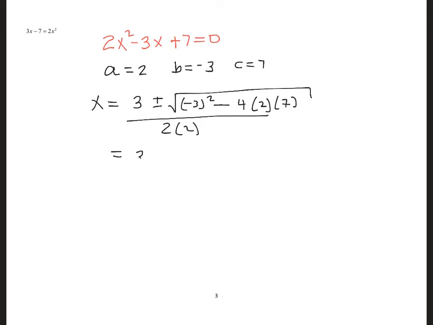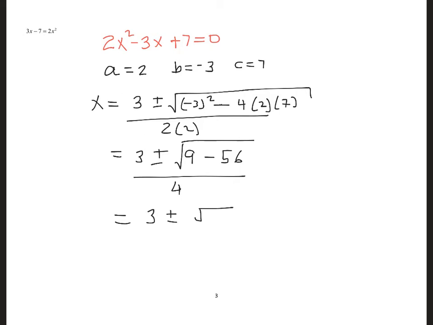So what do we get? 3 plus or minus the square root of 9 minus 8 times 7, which is 56. And we are dividing this by 4, and what do we get here? So this becomes 3 plus or minus the square root of negative 47 over 4.